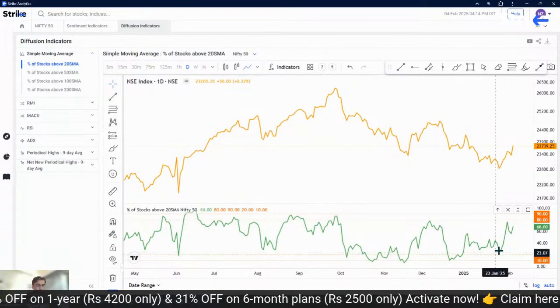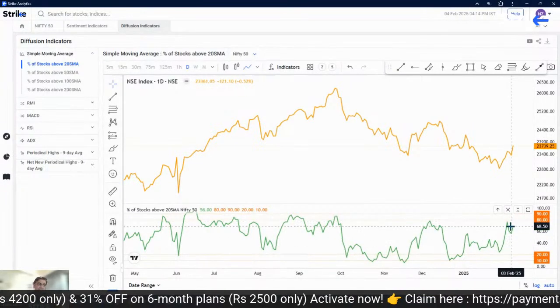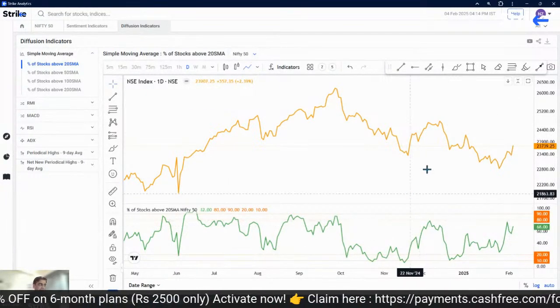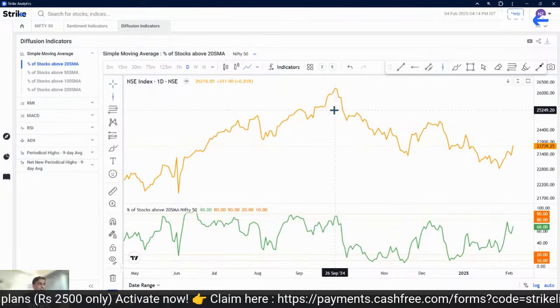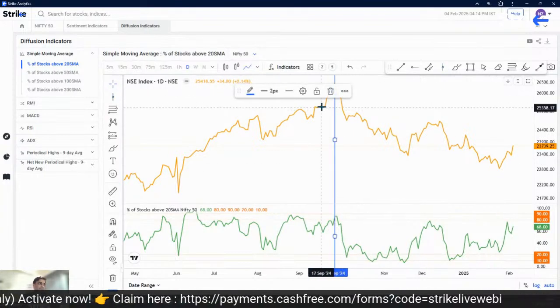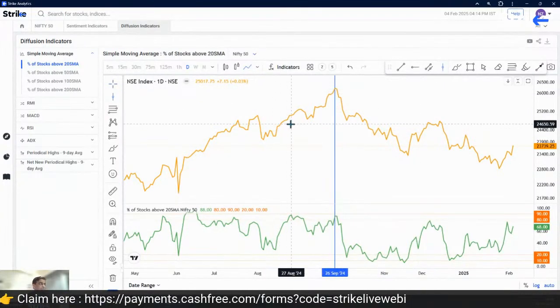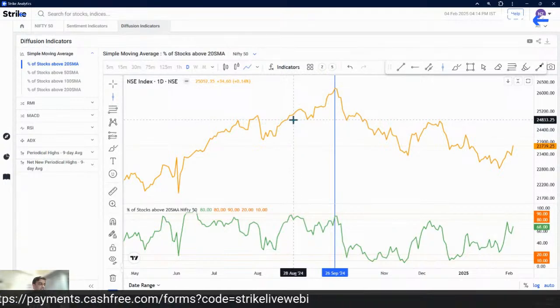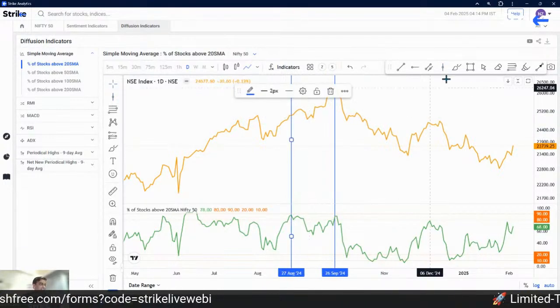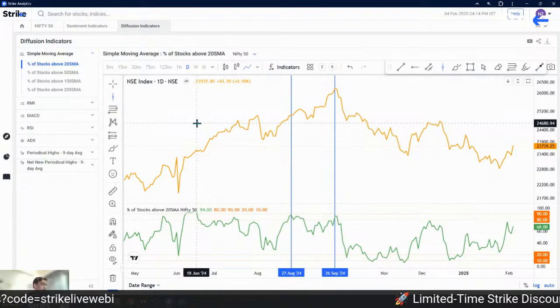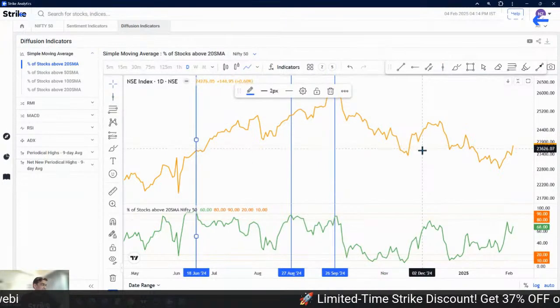All right. So a rising figure is always good, meaning the trend is positive. But the extreme reading can be a little bit dangerous. Whenever there is an extreme reading on the higher side, kindly look at it.